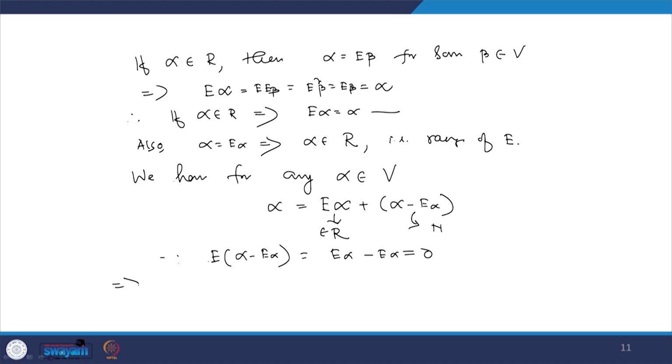So we see that any element of V can be written as a sum of an element of the range space of E and an element from the null space of E. So this means that V can be written as the direct sum of R plus N, where R is the range of the projection operator E and N is the null space of the projection operator E. Now, to understand more clearly, let me consider one example.